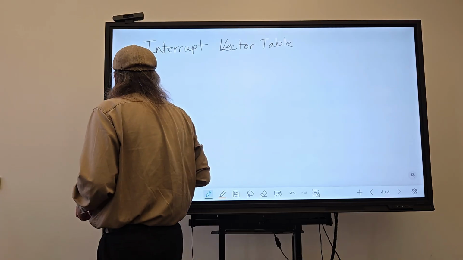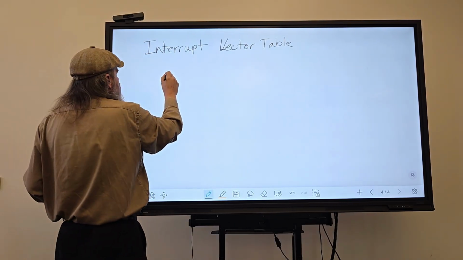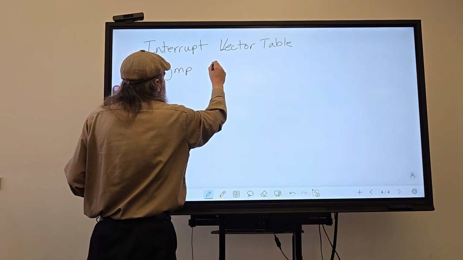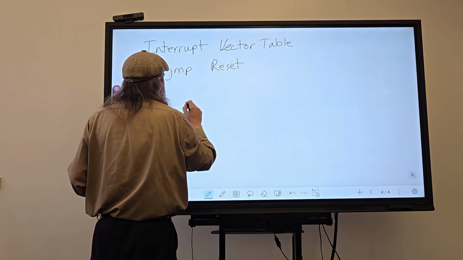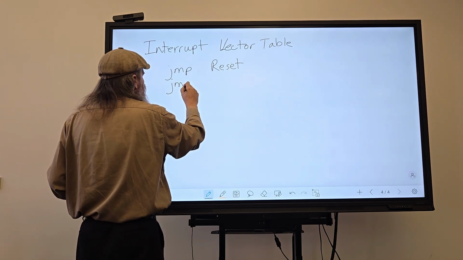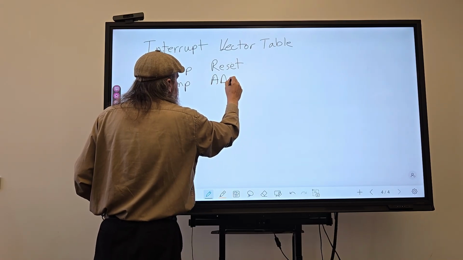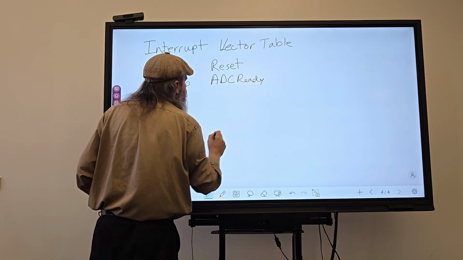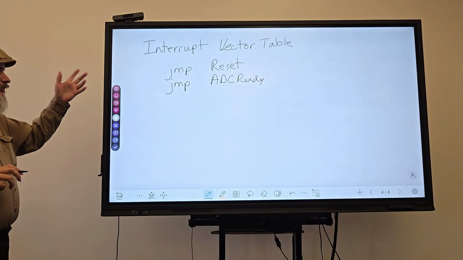What an interrupt vector table is, is a sequence of... let's see here, ADC ready. I'm just putting examples out there.